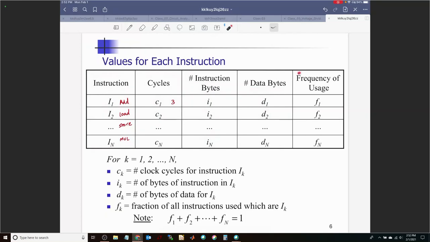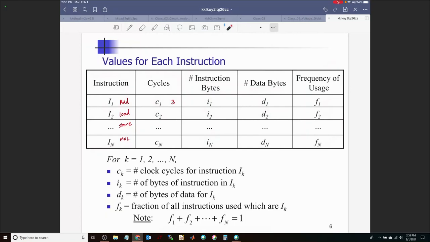In the last column, I have frequency of usage, right? So the I1 instruction is being used F1 amount of time. This is F2 amount of time. This is Fn amount of time. Now, based on Amdahl's law, you're trying to increase the frequency of the instruction that has the smallest CPU time, right?